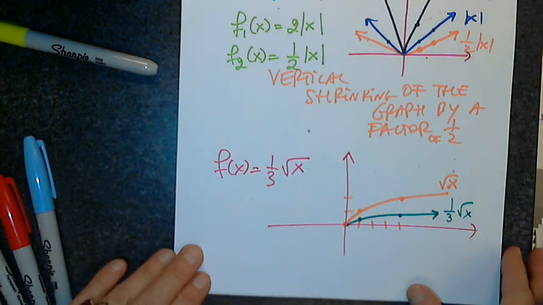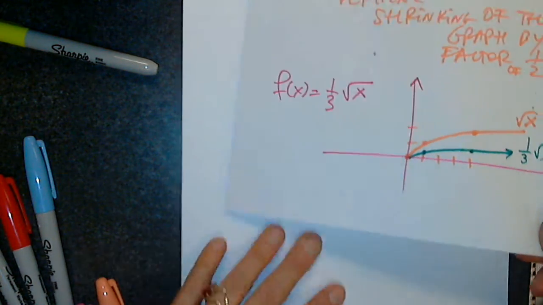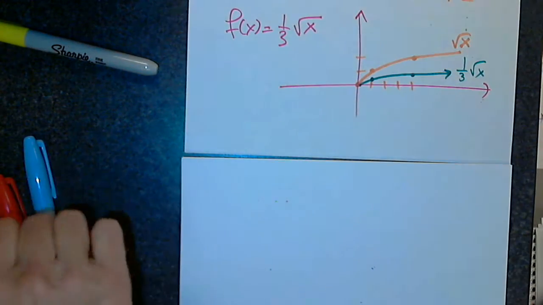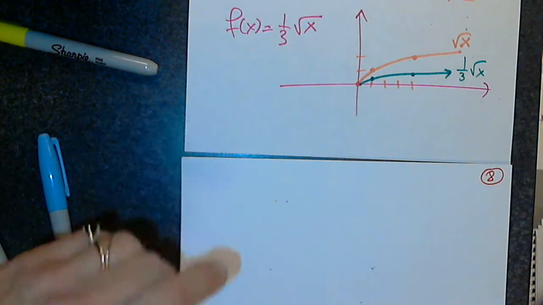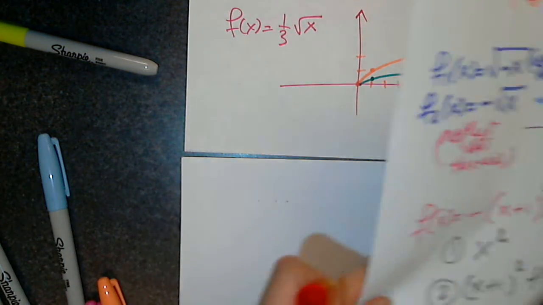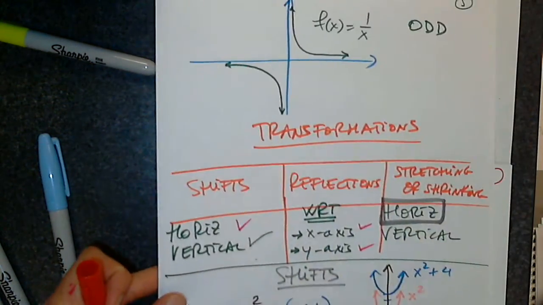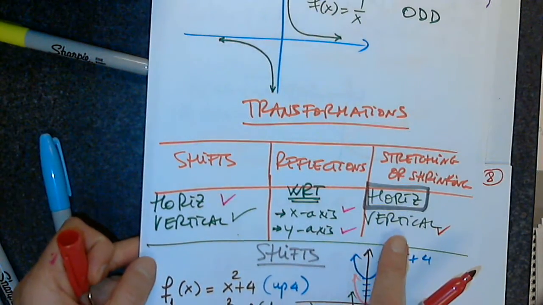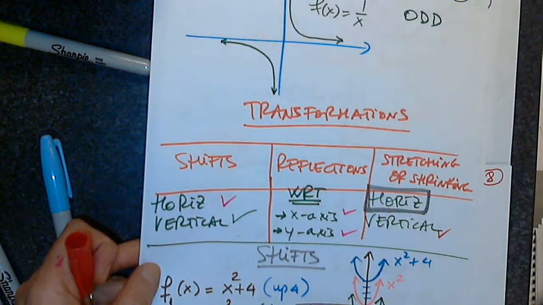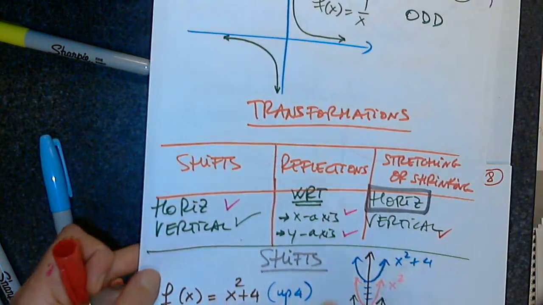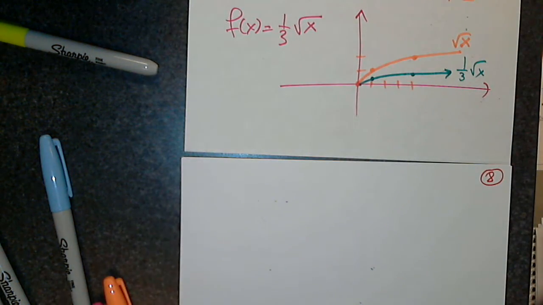Last one. At least initially, you may not like this one. So we're done with everything except the one that I said. So this is done: vertical stretching and shrinking. The factor has to be in front, greater than 1 or less than 1. So horizontal. Ready?